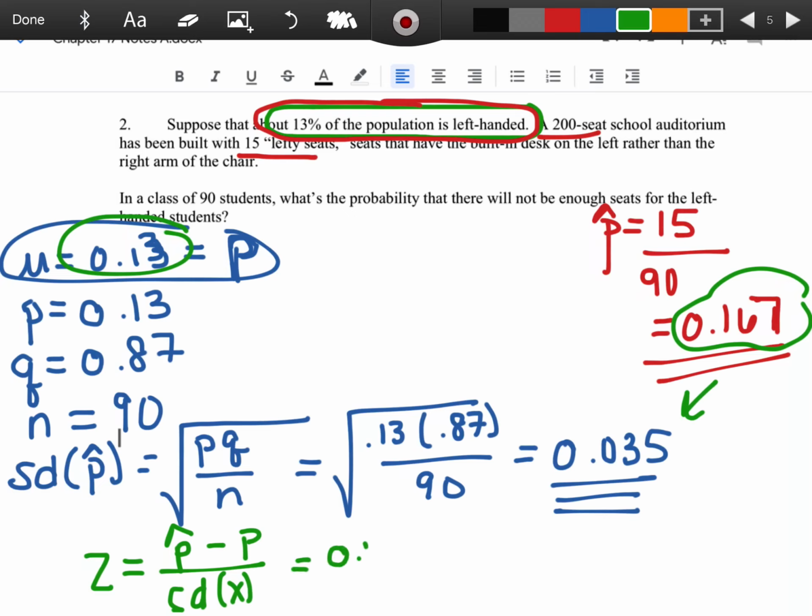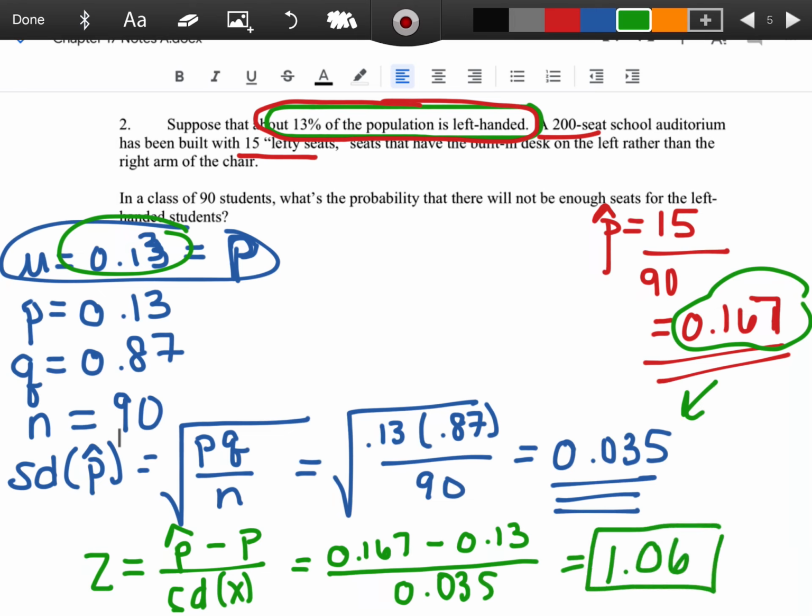In this case, it is 0.167 minus 0.13, all over my standard deviation, which is 0.035. So I'm going to calculate that z-score, which I get to be about 1.06. Meaning we're a little bit more than 1 standard deviation above my mean in this given situation of 15 out of 90.